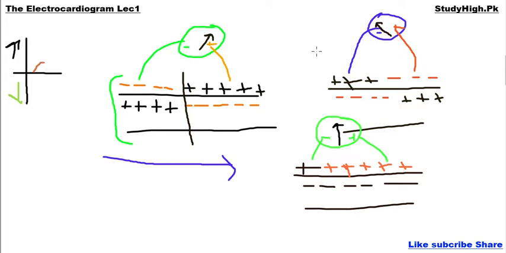Soon when it starts repolarizing, we will receive a negative deflection, showing that the negative terminal is connected with positive and positive with negative. So what happens when there is equal potential? Then this area will show no deflection, showing zero potential on the cardiac muscle cells or any area.